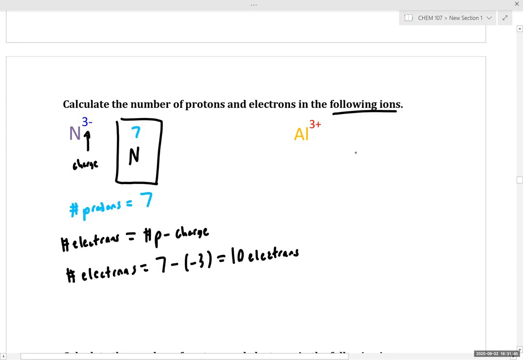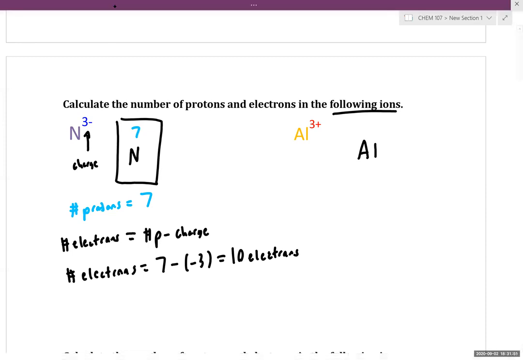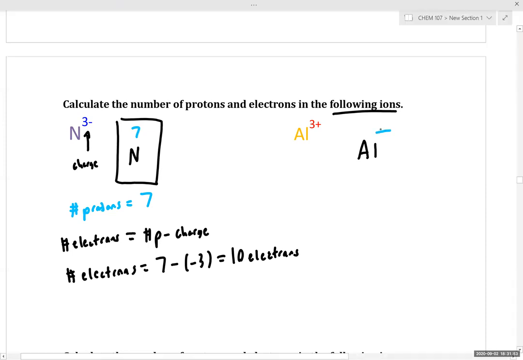Aluminum 3+. Aluminum in the periodic table has an atomic number of 13. Ergo, our number of protons is equal to 13.